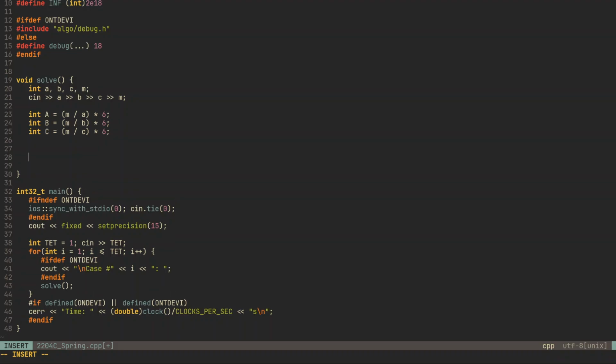So what we can do here is that, okay, we are subtracting 6 and then adding 3. It will be the same as subtracting 3.